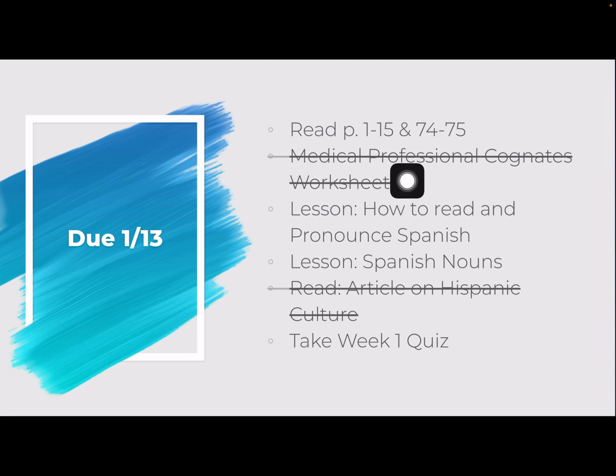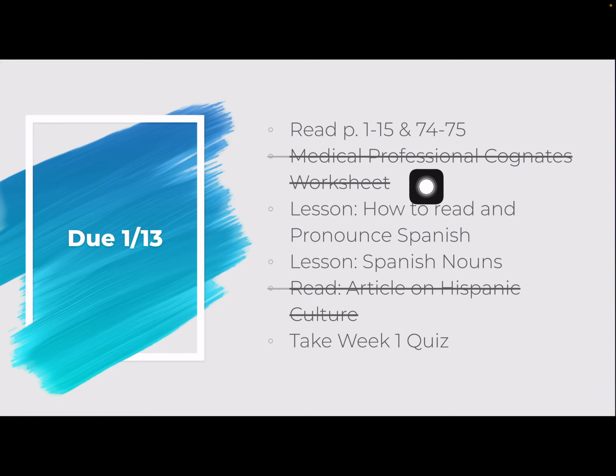And then this medical professional cognates worksheet, it was something that I had done last year at the beginning so that you can see that a lot of professions in the medical field are similar words in Spanish and English. So for example, chiropráctico is similar to chiropractor.